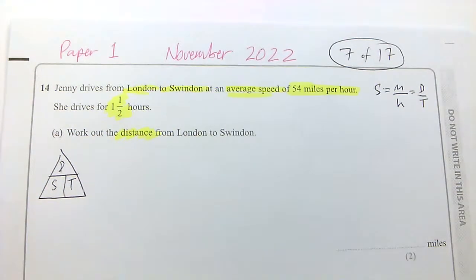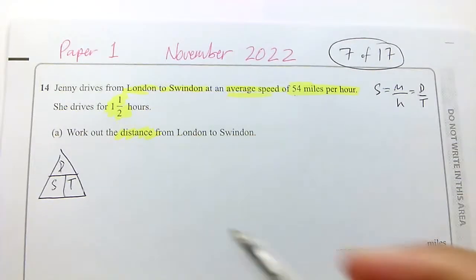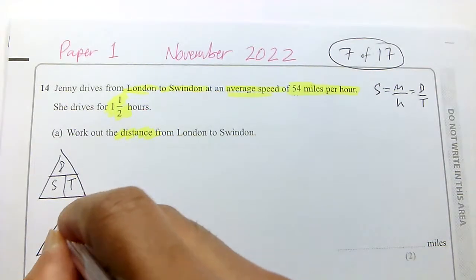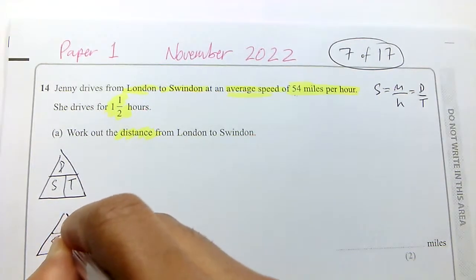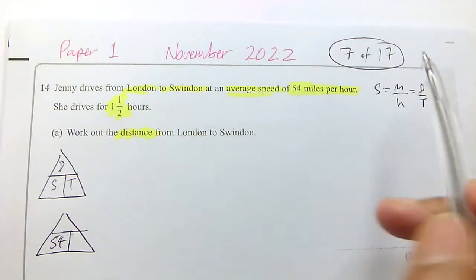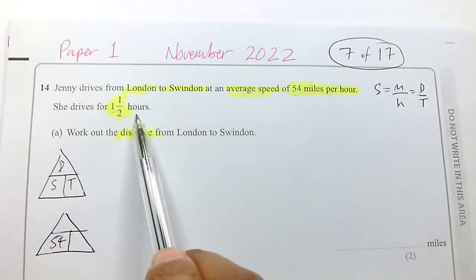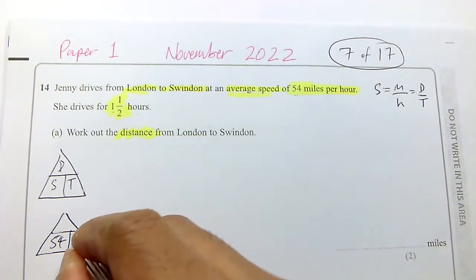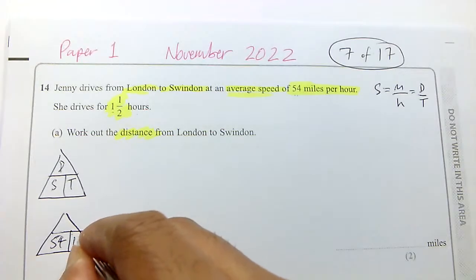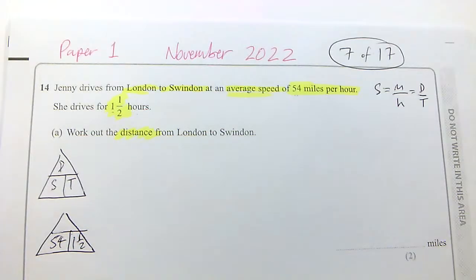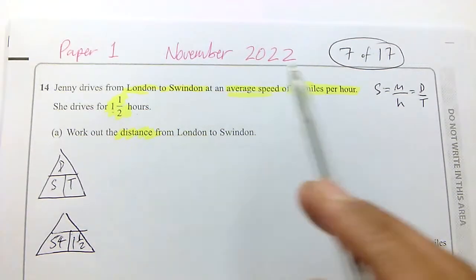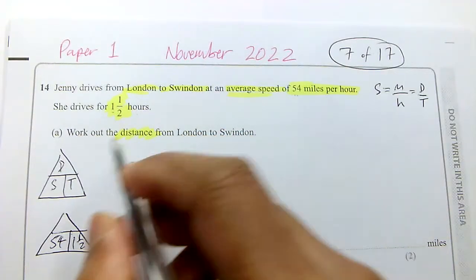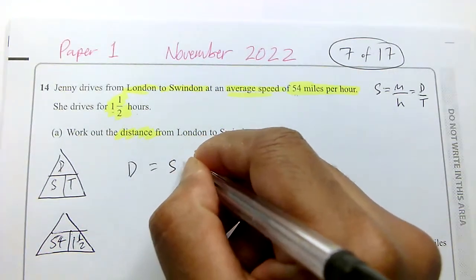Okay, so we've got speed is 54. She drives 1.5 hours. So that's our time, 1.5. Okay. Work out the distance. So distance equals speed times time.